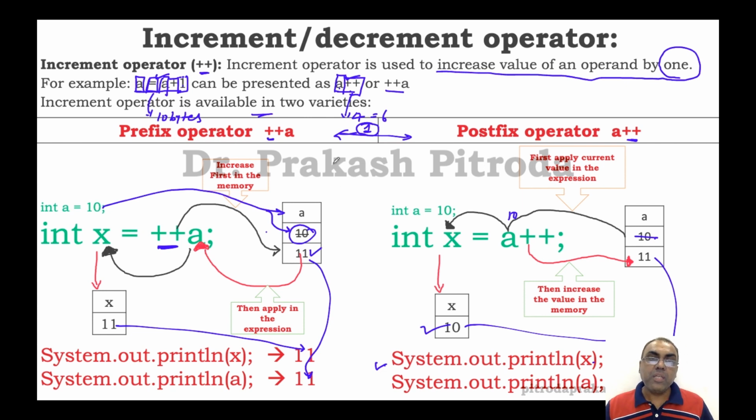So in prefix and postfix, when you are using them in an expression, these values will differ. However, on the same screen, if I have int a is equal to 10, and I just write a plus plus, and I say system.out.println a, then the computer will print 11.